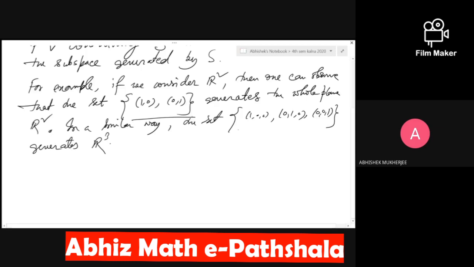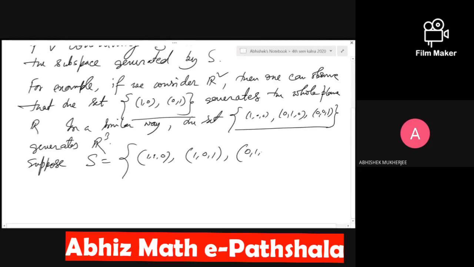Also, apart from these sets, in R3 you will also have, suppose we consider a set S consisting of the vectors (1,1,0), (1,0,1) and (0,1,1).